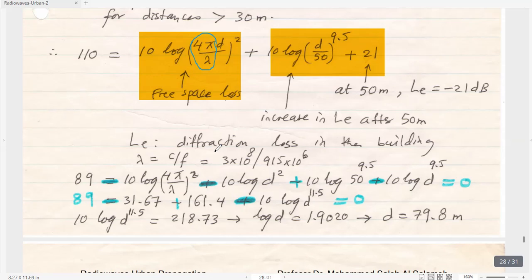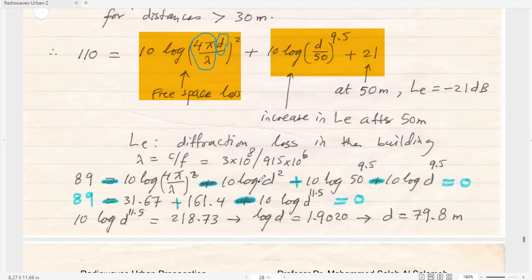Of course we have minus 10 log 1 over lambda squared, plus 10 log d squared. If we take it to the other side, it will be minus, of course. We take to the left side 110 minus 21 is 89, minus 10 log 4 pi over lambda, minus 10 log d squared.